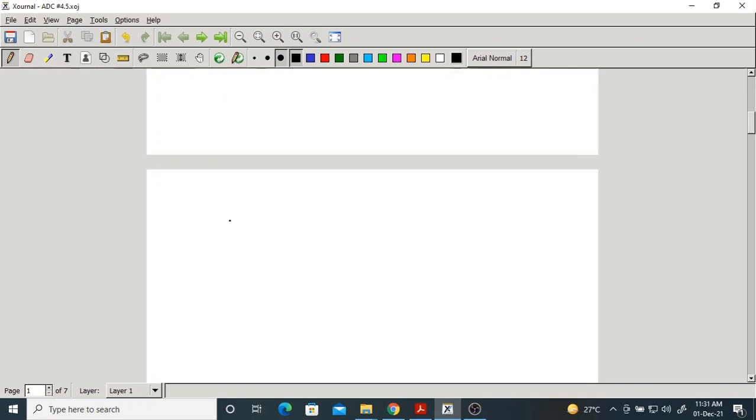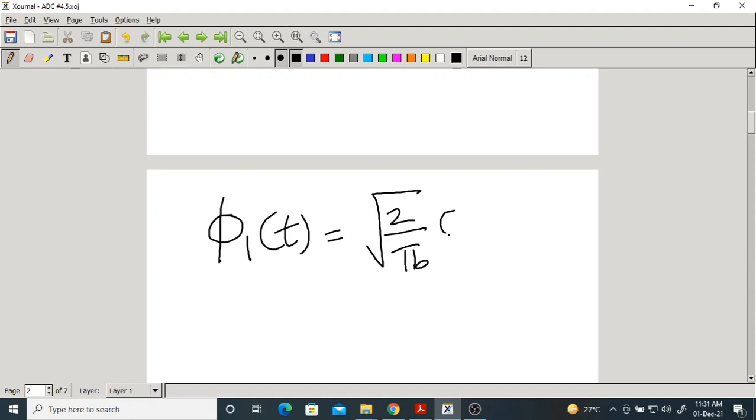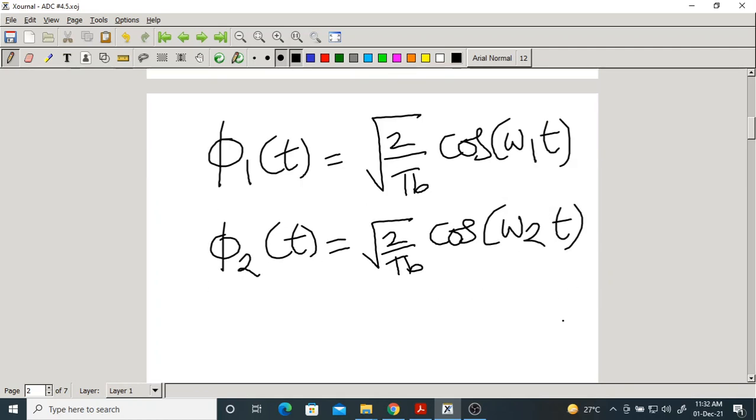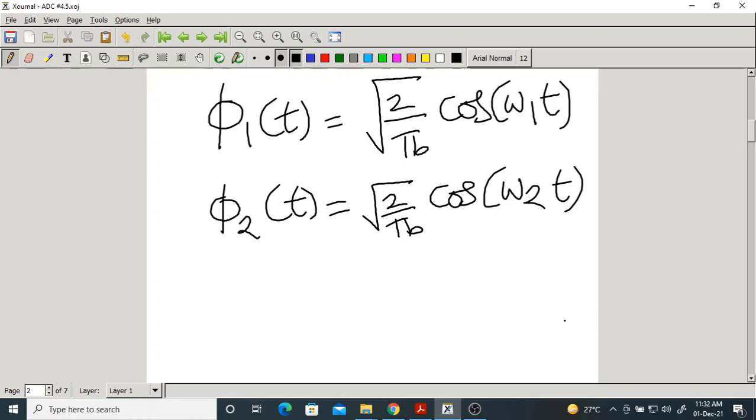How are they? Phi 1 of t is root 2 by TB cos omega 1 t. What is phi 2 of t? Root 2 by TB cos omega 2 t. These should be orthonormal.